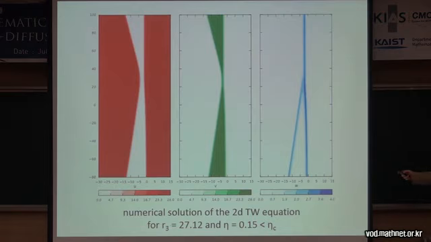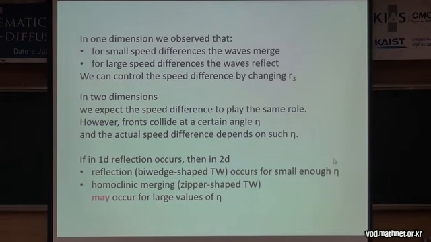So we have that on the right the non-trivial front interacts with, on the left, a trivial front, and then 2 non-trivial fronts moving in the opposite directions are generated. So we think that this behavior is essentially the same as in one dimension.